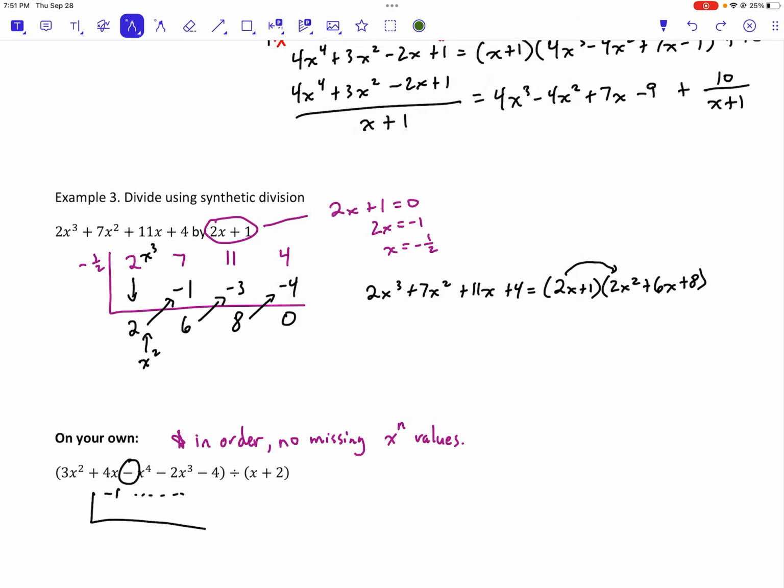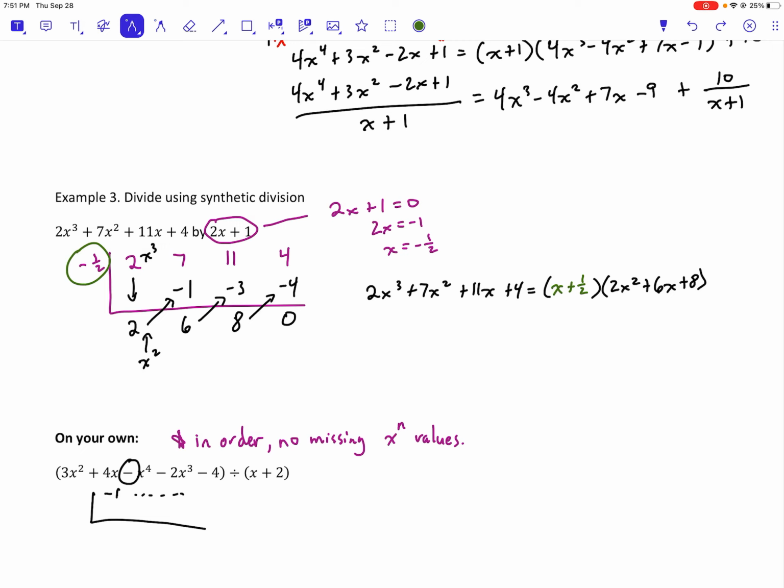When I divided by, I thought I was dividing by 2x plus 1, but I'm not actually. I'm dividing by x plus a half. So I'm going to edit this in here. So this was actually x plus a half that we were dividing by, because the way we stated it, it wasn't this form, it was in a different form.